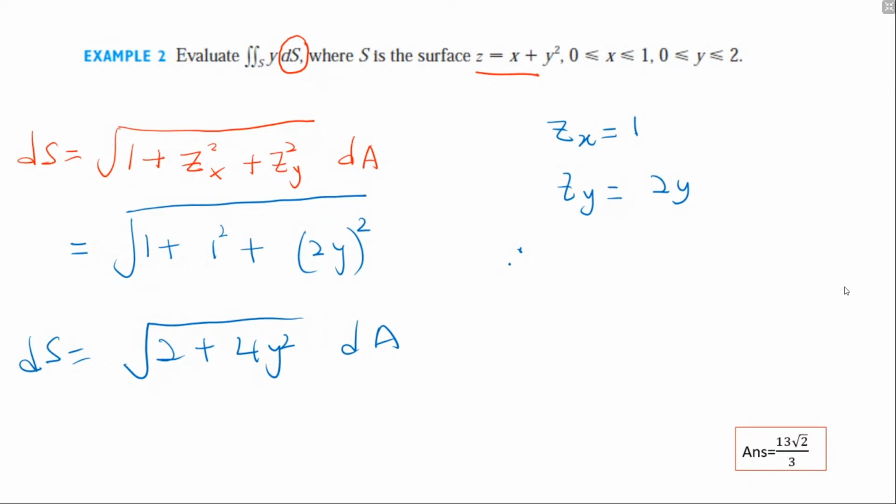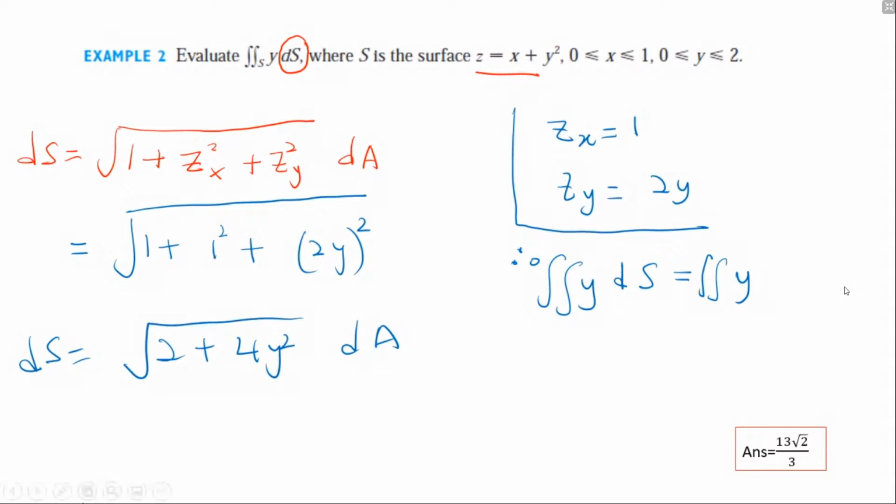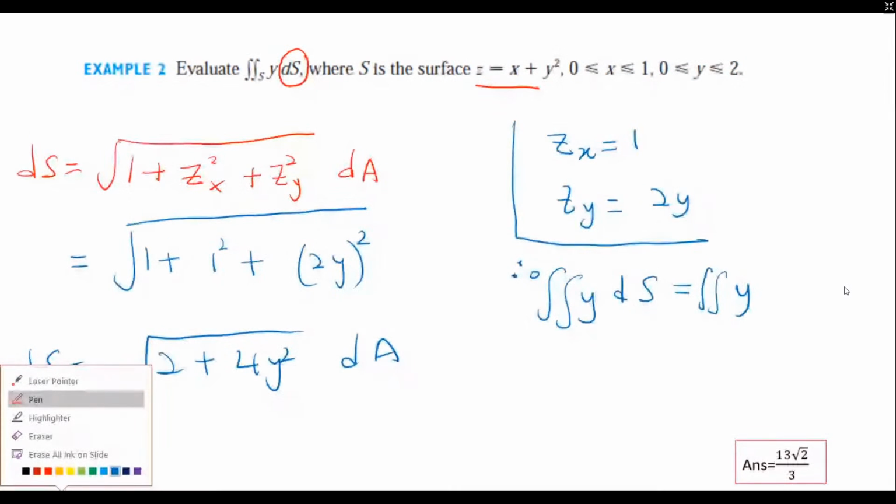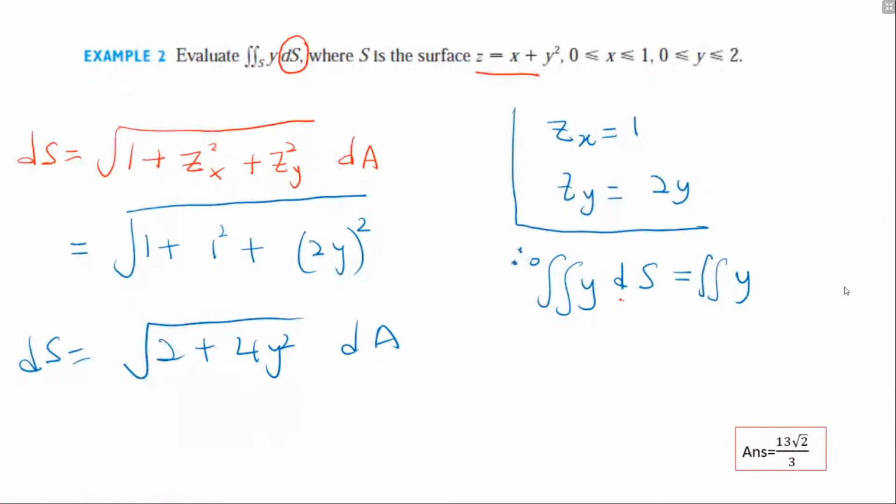From here, what you should get is, okay, we have the double integral of y dS. So this is equal to y, because you just maintain it in the form of xy. So no need to change your y. You just put y. What you need to change is only the dS part here.